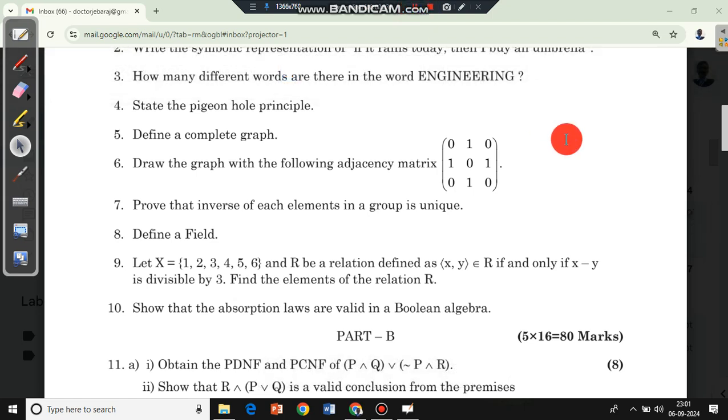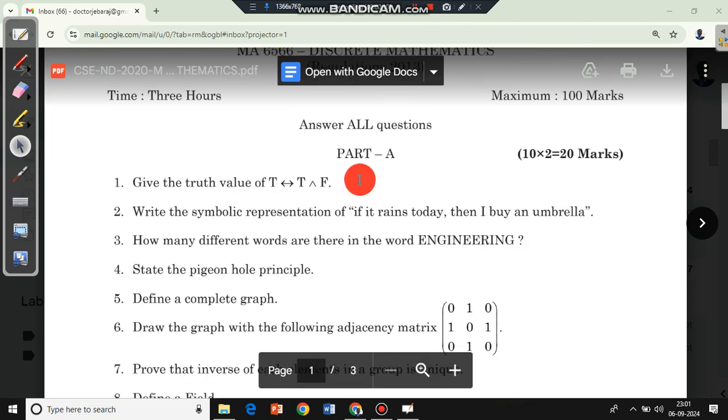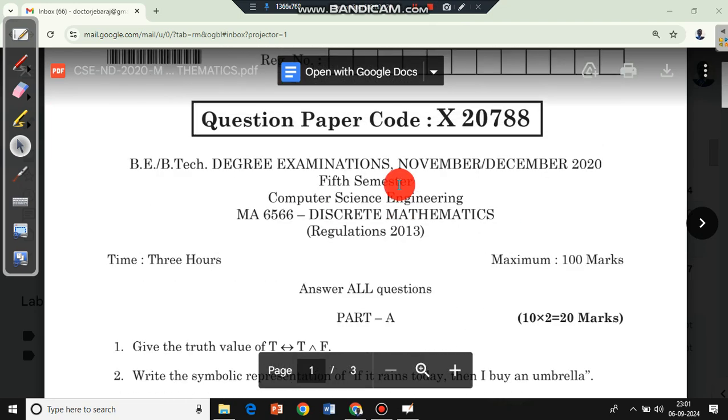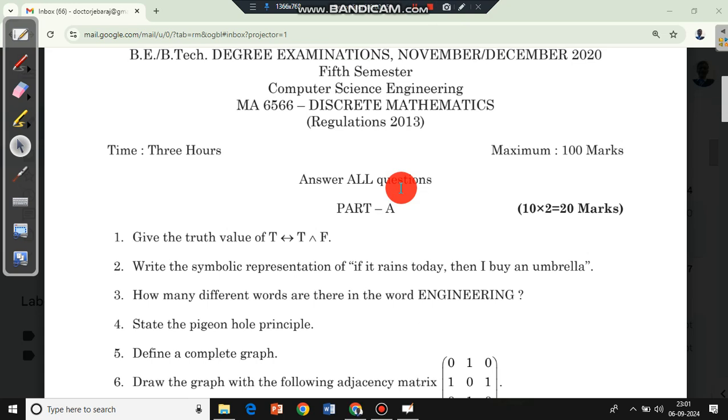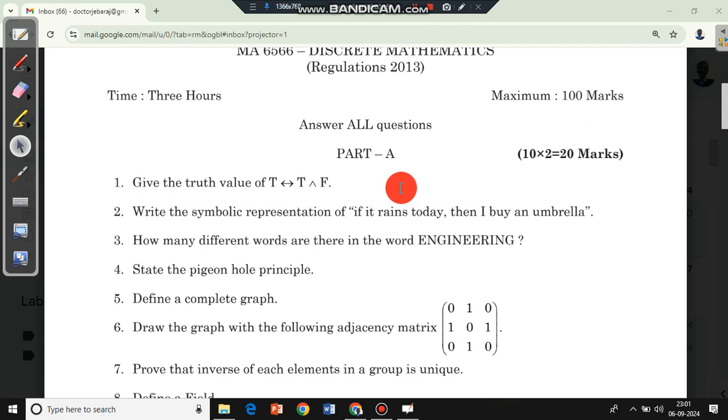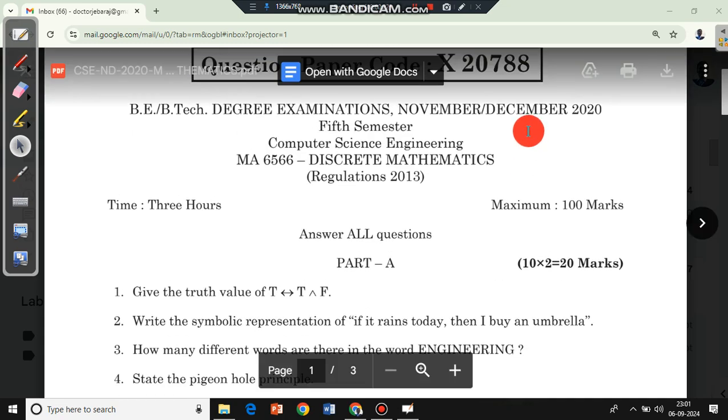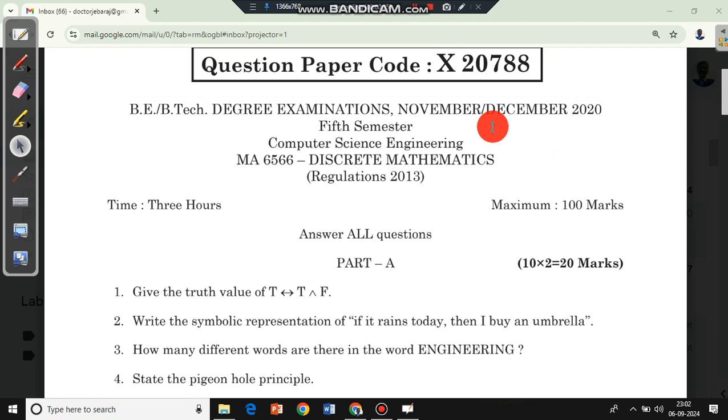Okay, students, really happy to invite you to this wonderful discussion on the university questions. And in today's class, I would like to take some questions from Anna University, which appeared in the 2020 November and December months.